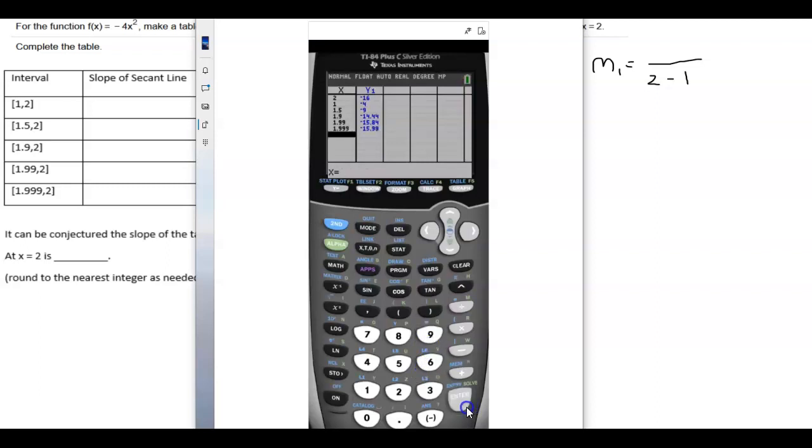Those are going to be all of my corresponding y values for each one of these x values.